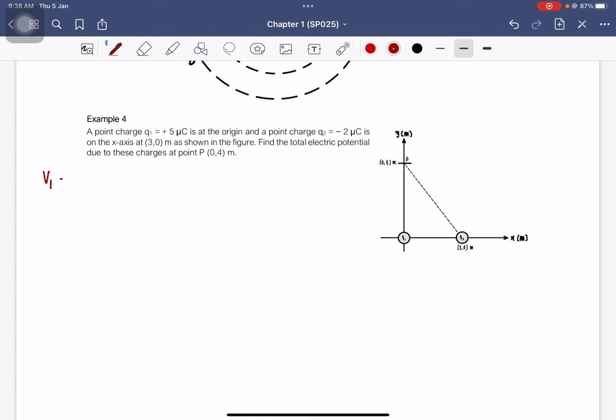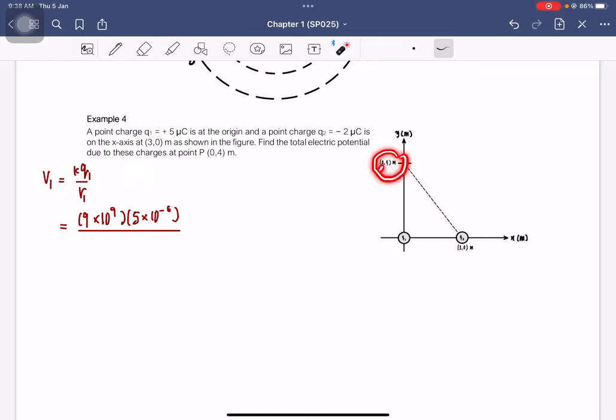So V1 is equal to K Q1 over R1. Okay, so this is 9 times 10 to the power of 9. Q1 is equal to 5 micro. And then the distance is, so this is at a coordinate of 0, 4. So this is x, this is y.